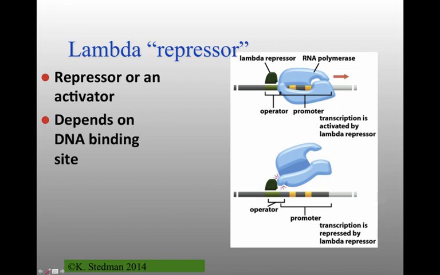And all that depends on is exactly where the Lambda repressor has bound to DNA relative to where the promoter sequence is. So if we look here, let's look at the bottom one here. If the Lambda repressor overlaps the promoter, and that's what these bars down here are supposed to show, it acts just like a normal repressor.